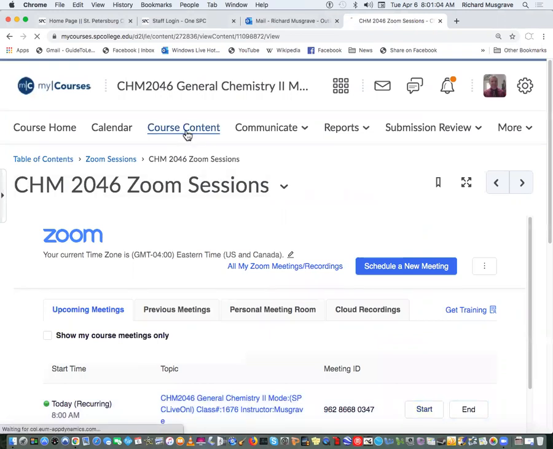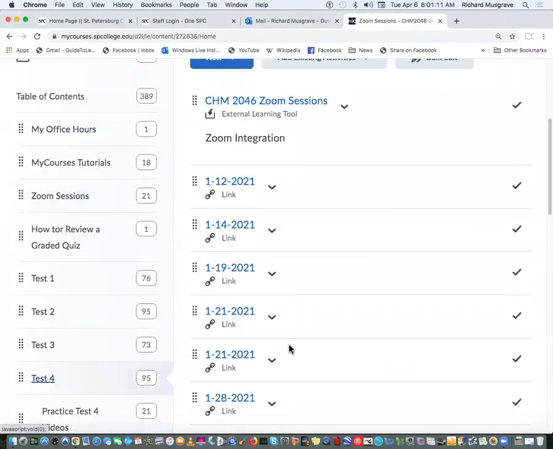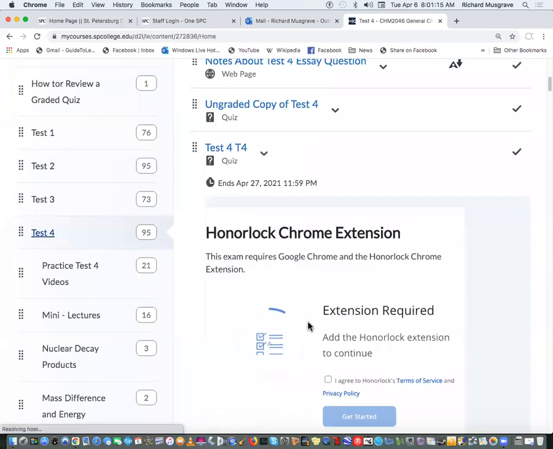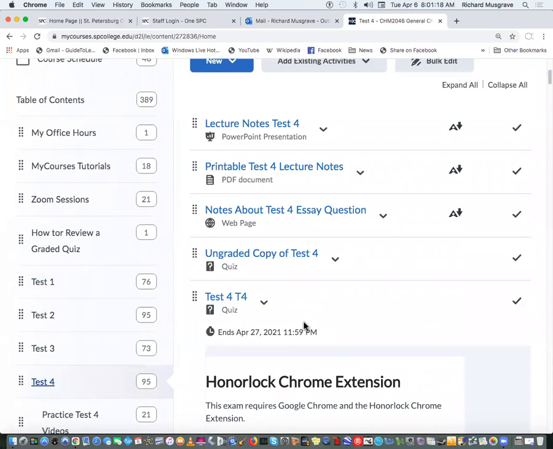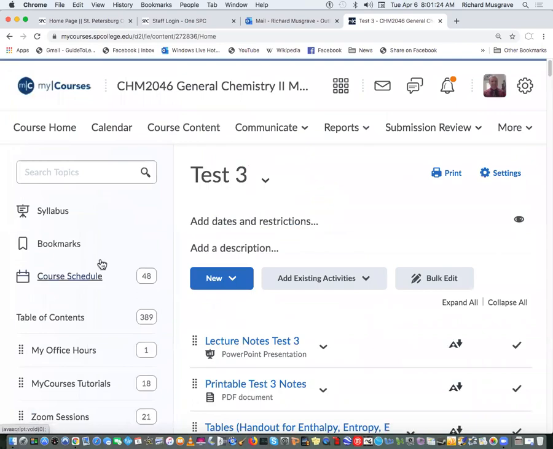Let's look at what we're doing. So I want to point out with test 4, it's a similar... oh, sorry, where are we at? No, we're not test 4 yet, are we? We're still in test 3. Test is due this Thursday, right?